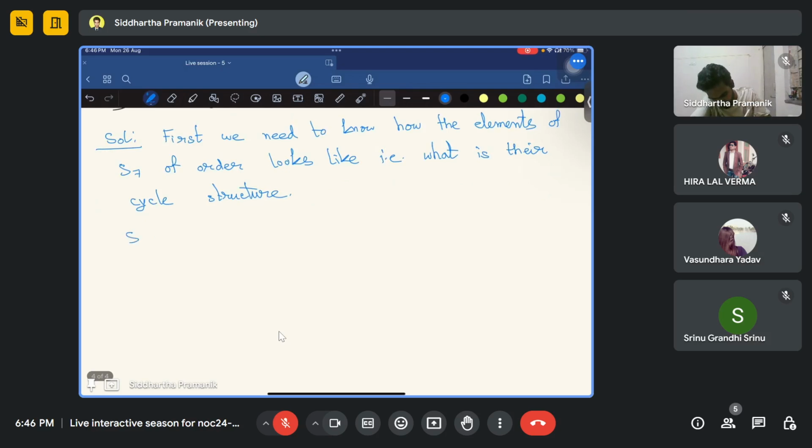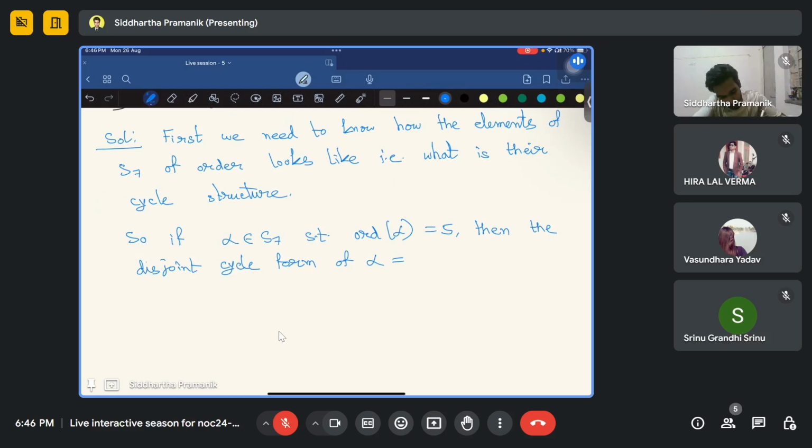So if alpha belongs to S7 such that the order of alpha is 5, then the disjoint cycle form of alpha, let's say alpha 1 up to alpha r, how can it look like?